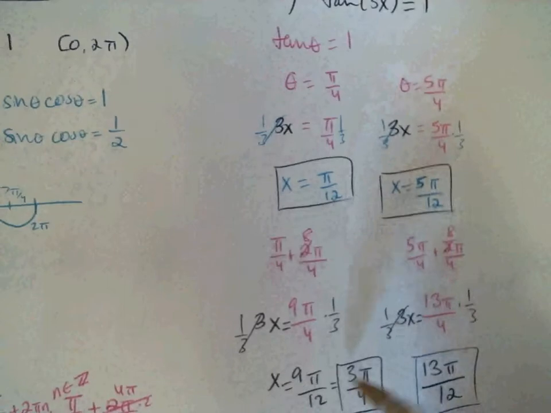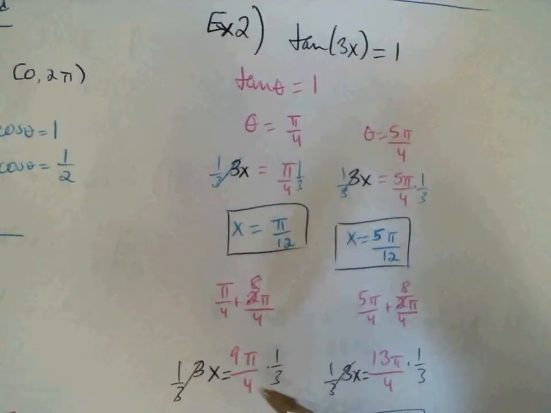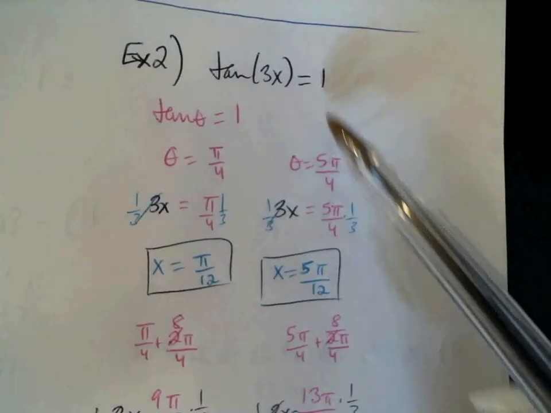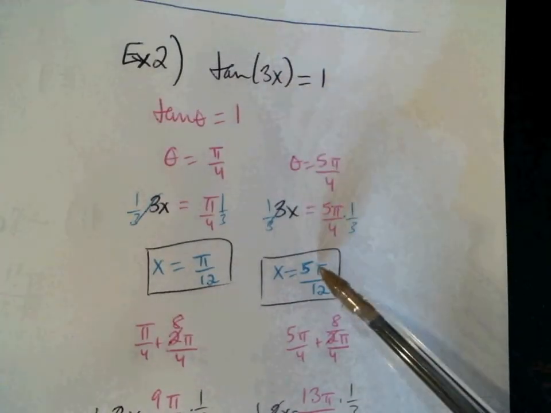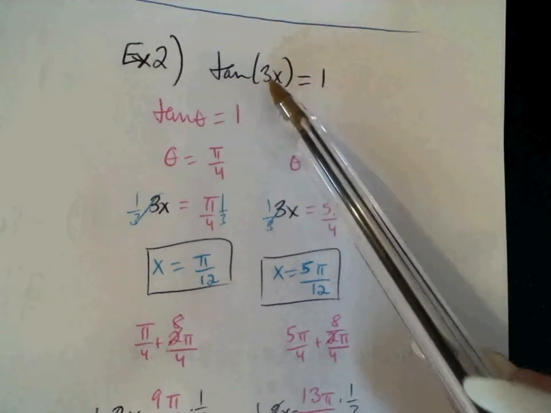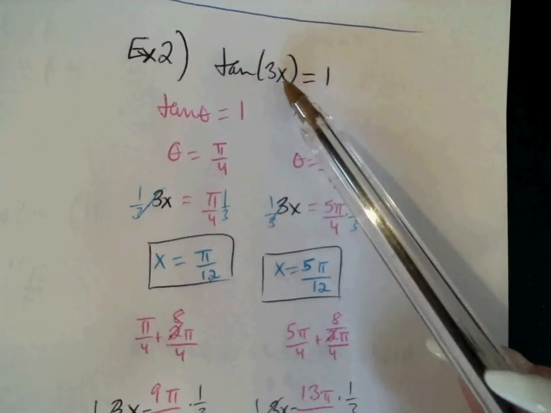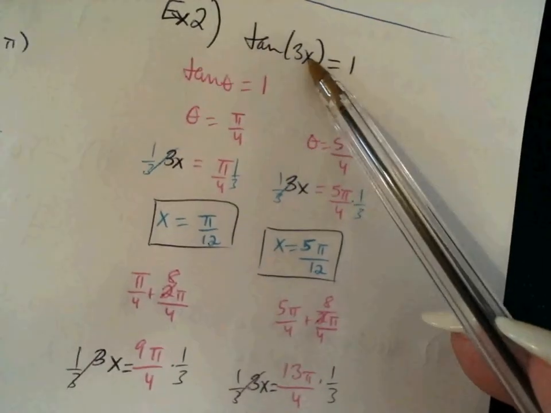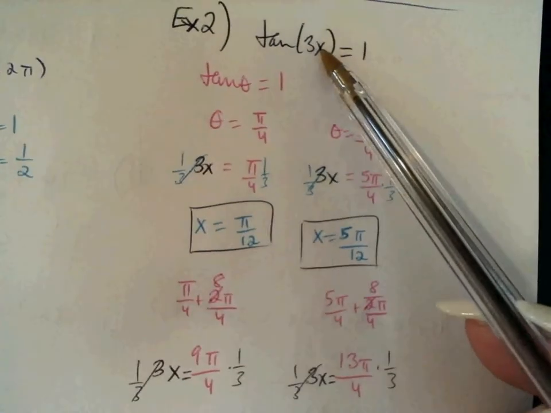Plug in 3 pi over 4. Well, that one's not as easy to see because you don't know 9 pi over 4. But for this one over here, you do. If you were to plug in 5 pi over 12 into this right here, then you would get 15 pi over 12, and 15 pi over 12 simplifies to an angle you know, 5 pi over 3.